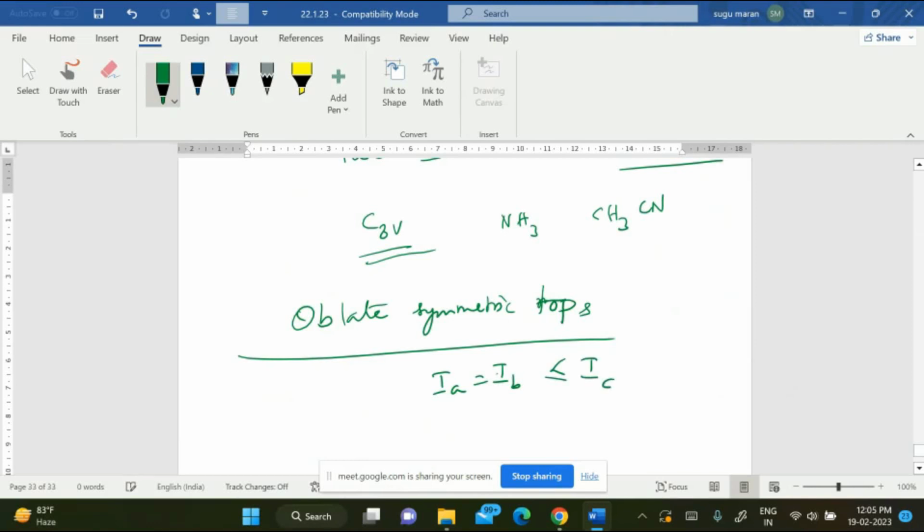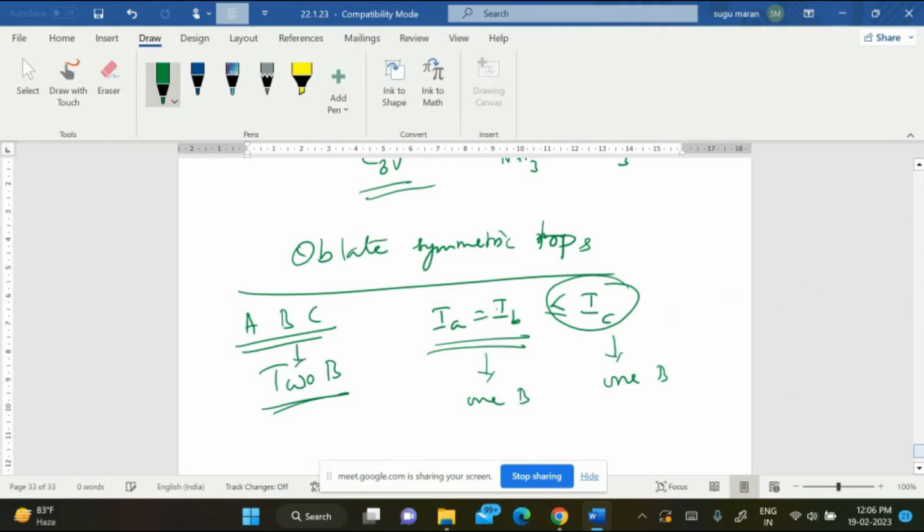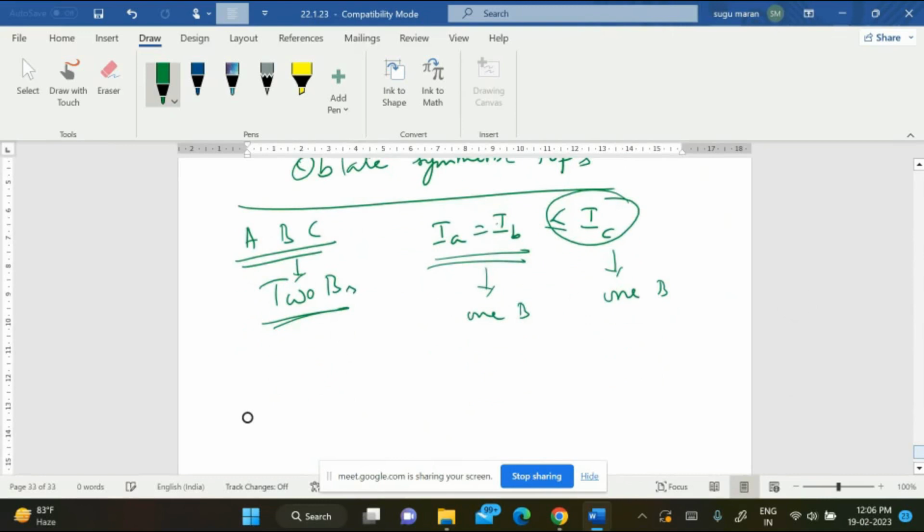So this is your unique moment of inertia, which is different from the other two. These two contribute one B value, and this one another B value. Technically A, B, C are three types of B values, out of which two are equal, so this is reduced to two B values.